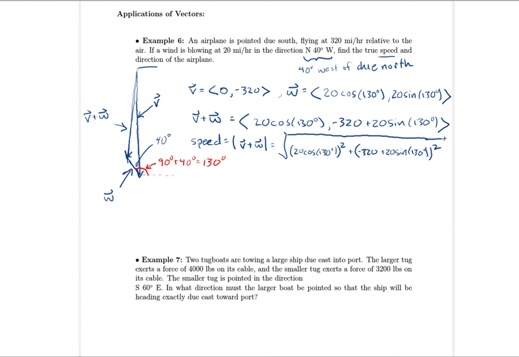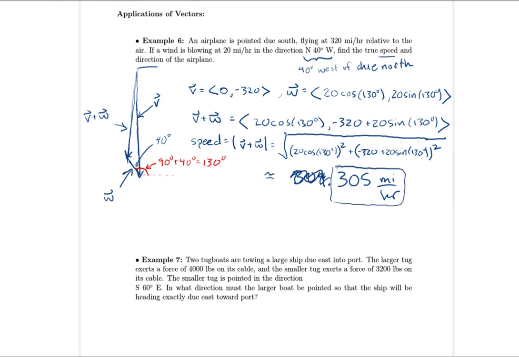I put that in my calculator, and out comes this number, which does make some sense for us. It's 304 point something, so let's call it about 305 miles per hour. Now let's think about what's happening. The plane was trying to go 320 miles per hour, but a significant amount of that wind is fighting it, and so you can see that V plus W should be shorter, so it should actually be going slower. So there's its true speed.